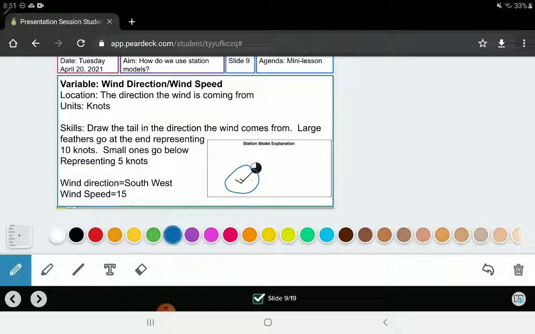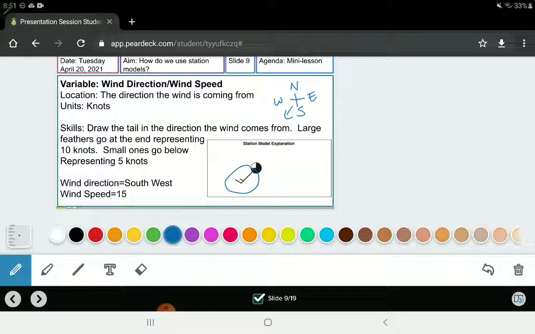Remember, like a rooster, animals stick their butts towards where the wind is coming from because they don't want their face in the wind. So this tail is pointing to, if you remember our compass, north, east, south, west, this is actually coming from the southwest. That's where the wind is coming from.